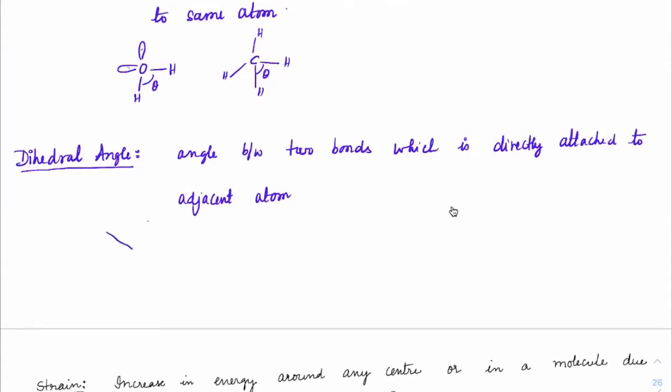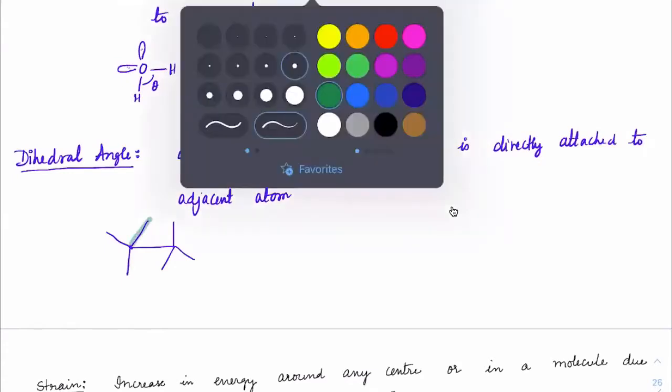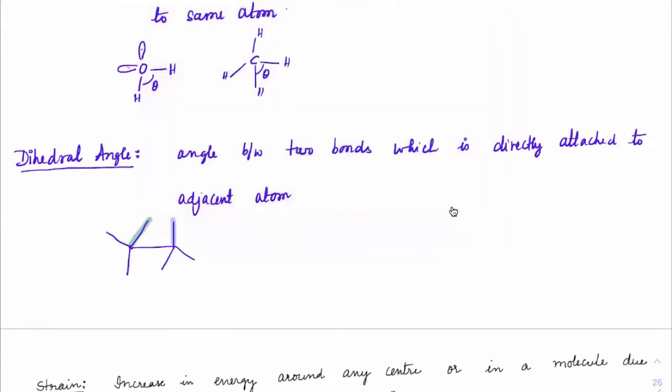For example, if I put it this way, this is the Sawhorse projection. So the angle between these two, let me color them. This is a green one, and let's say this blue one.